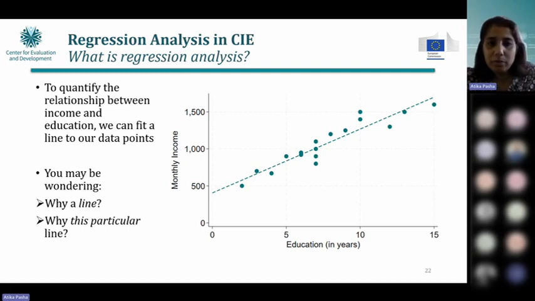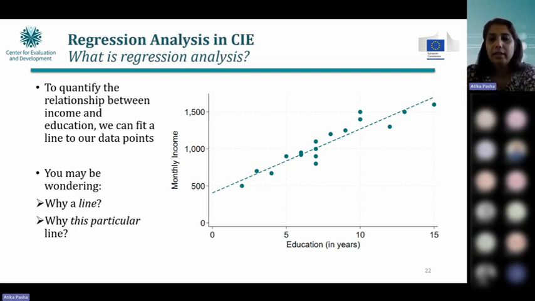So as you see, I said already, with more years of education, we observe higher levels of income, and this line is showing you exactly that. You see it's moving along the same trend as where the points are. And so we've fit a line to our data points.